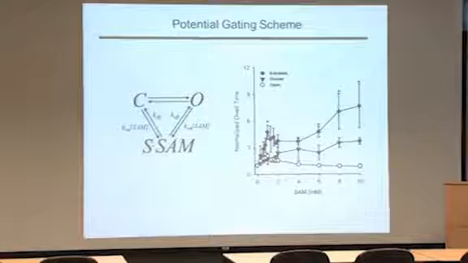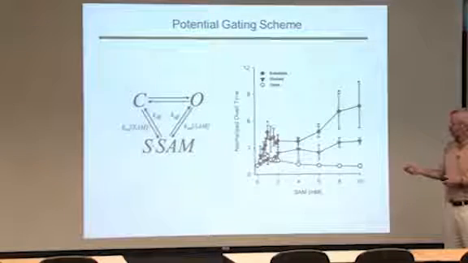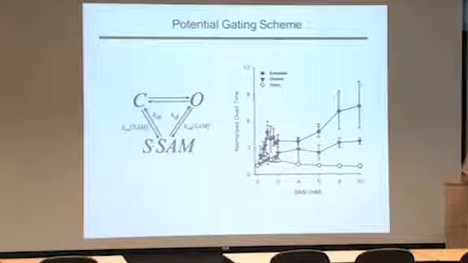So finally, we were trying to work out a gating scheme. How does this SAM work? Well, we had the triangular scheme that we had already proposed, where the channel goes from closed to open, back and forth, and then goes to a substate. The duration of each of these states is going to be determined by the rate at which it exits the state.